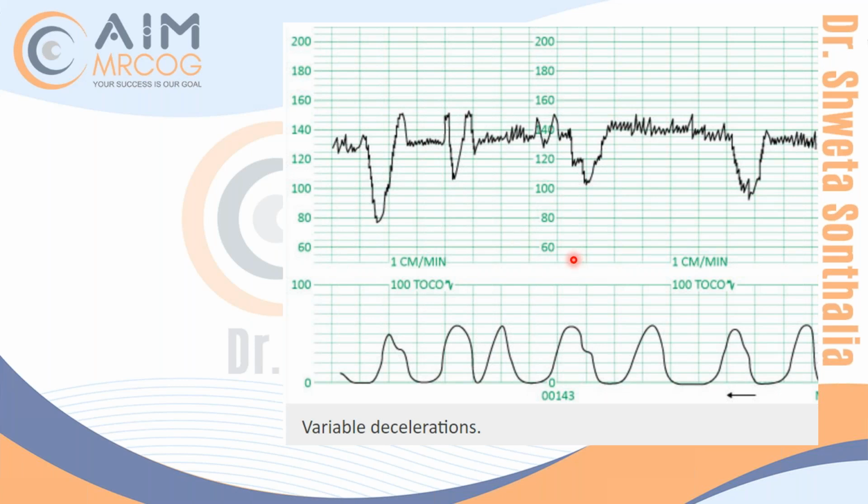And also this variable deceleration is going down from 130 to like 80. So it is 50 beats going down. If it is more than 60, or up to 60, it will be labeled as abnormal. Yes, more than 60 beats or more than 60 seconds, either way it is more concerning. So that is a concerning feature of variable deceleration.